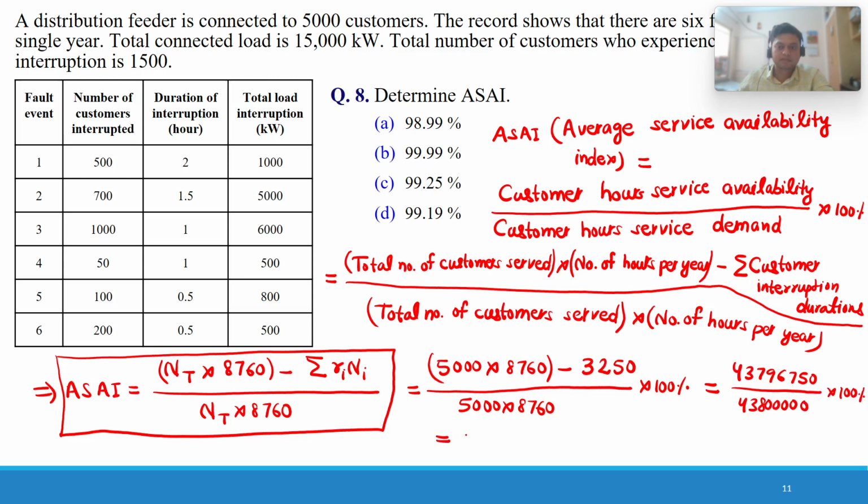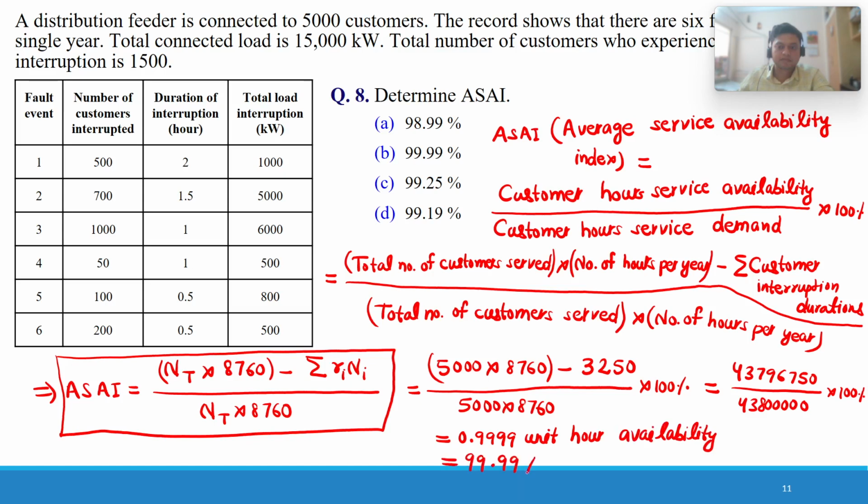So you can write it in per unit form as 0.99 per unit hour availability, and in percentage form you multiply it by 100.